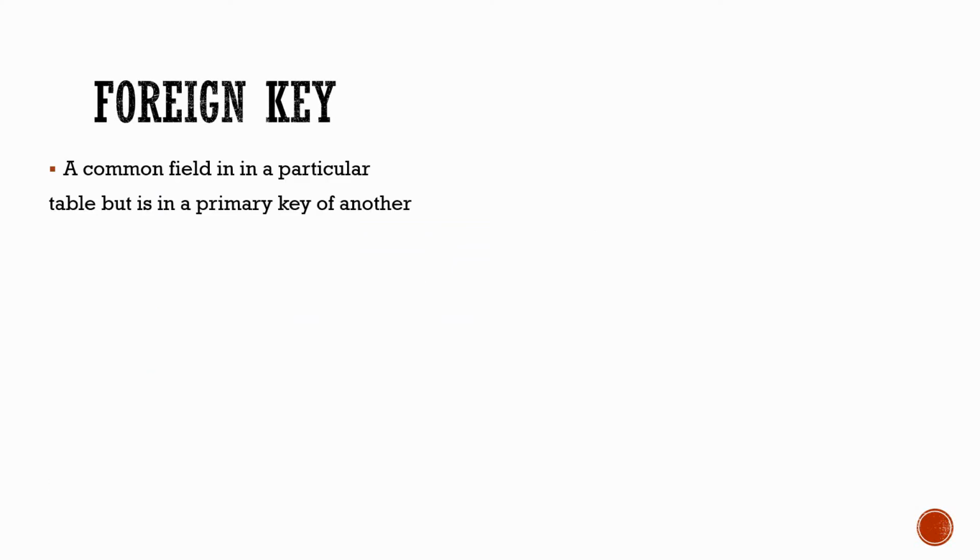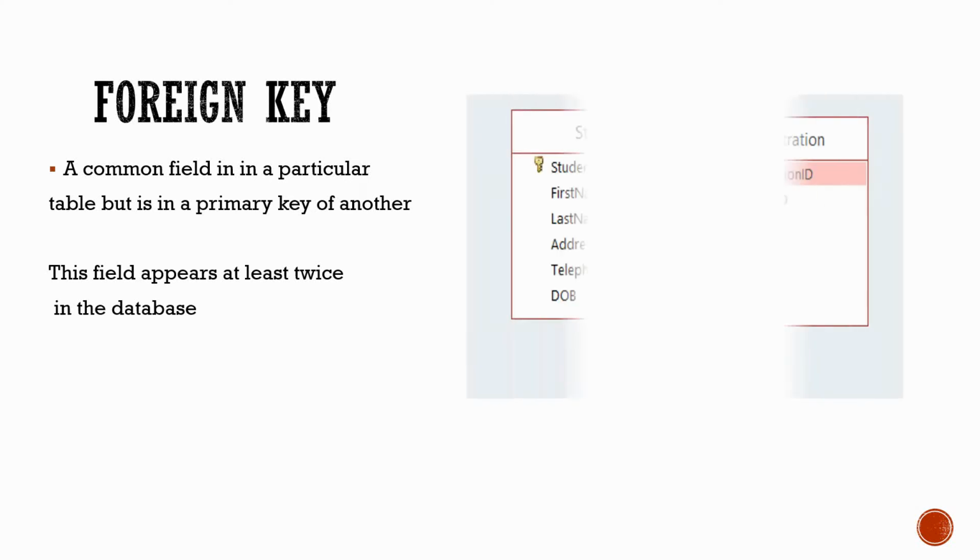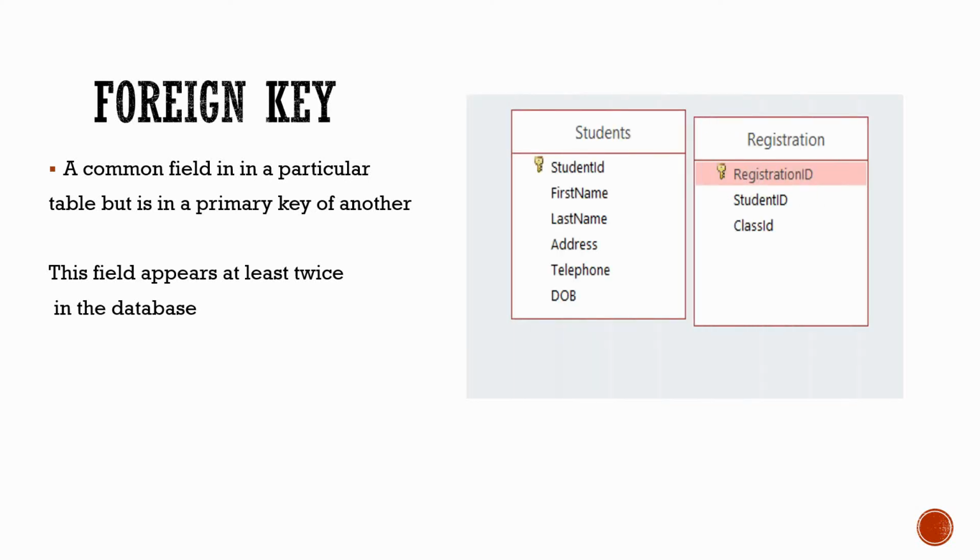Also, you have what is called a foreign key. A foreign key is a common field in a particular table, but it's a primary key of another table. So that field appears at least twice in the database. For example, we have the student table, and the student ID is the primary key of the student table.